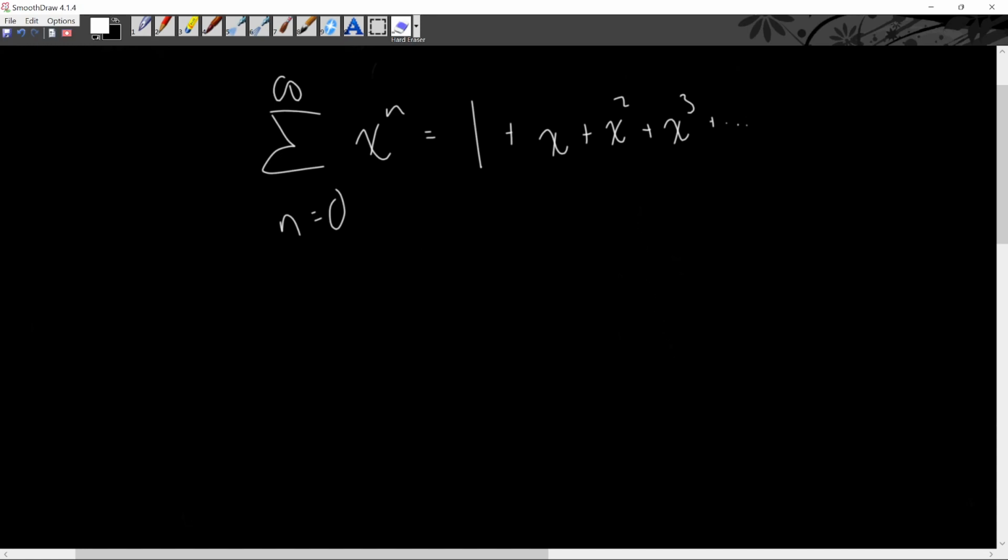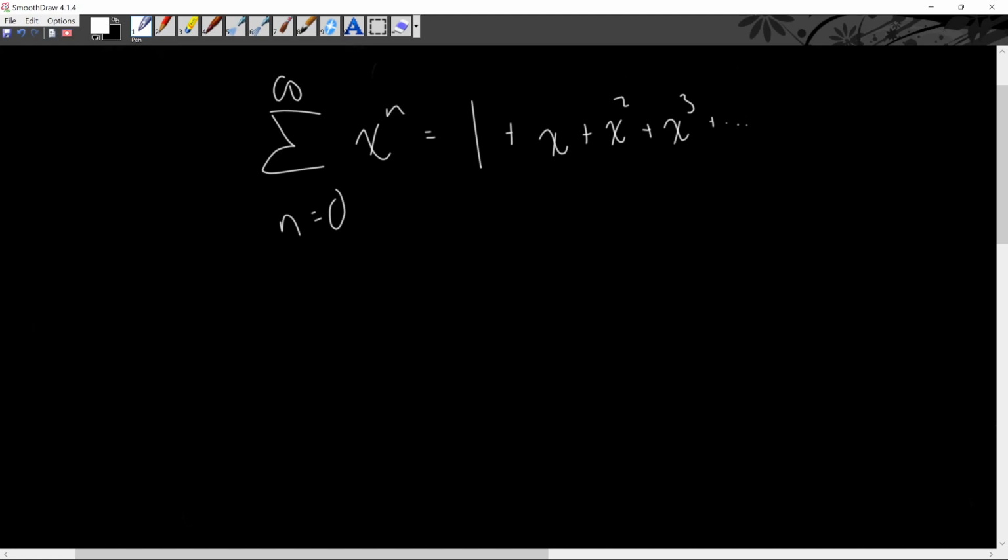So we can do the ratio test for this, right? Let's think about what the ratio test says. If we look at the ratio between the term that comes after and the term that comes before, then if the limit of that value is less than 1, it converges. If the absolute value is less than 1, it converges.